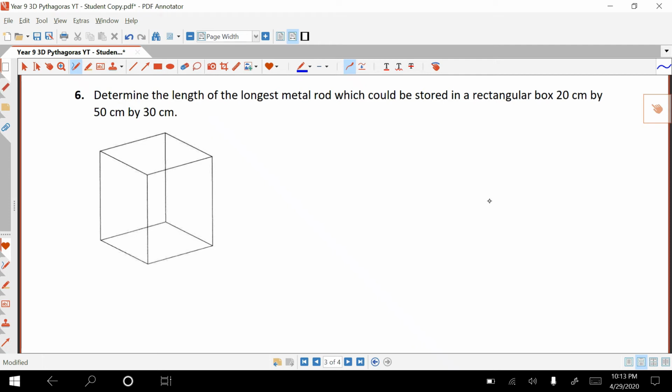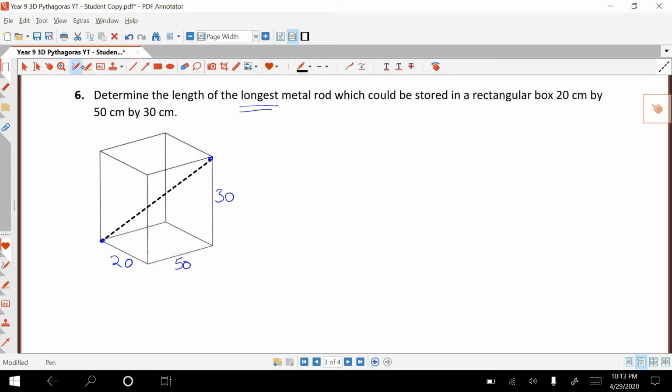So example 6, determine the length of the longest metal rod, which could be stored in a rectangular box measuring 20 by 50 by 30. So the longest metal rod basically should be the diagonal of that cuboid.